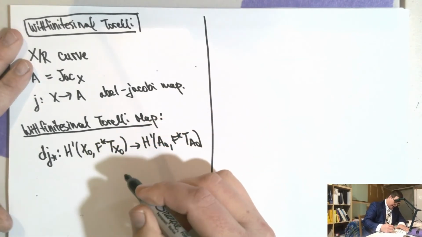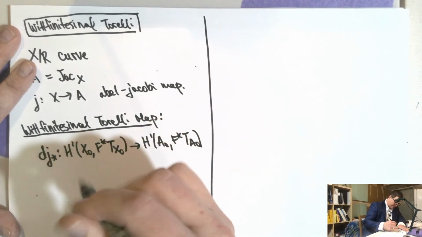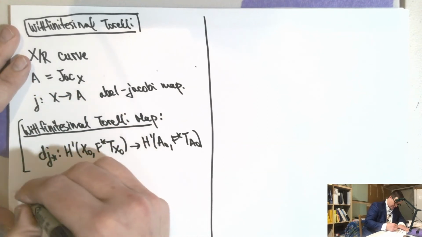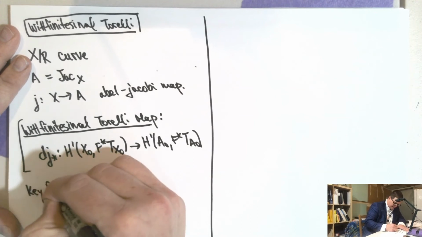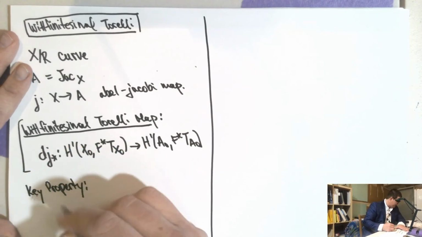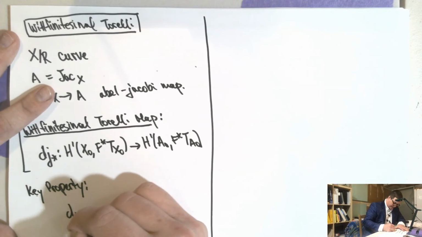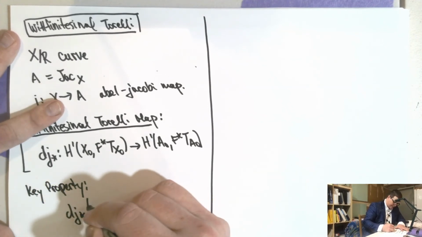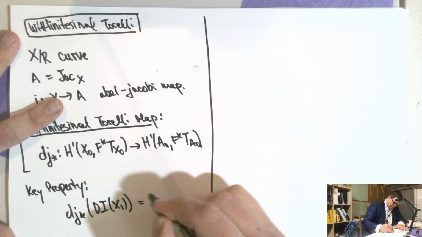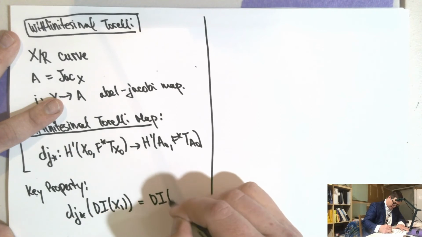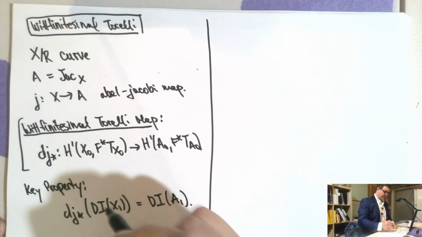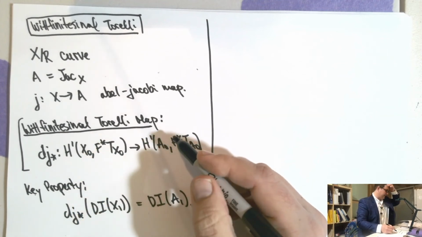It has the key property that, just like the Kodaira-Spencer class, the Deligne-Illusie class gets mapped: it maps the Deligne-Illusie class here to the Deligne-Illusie class here.